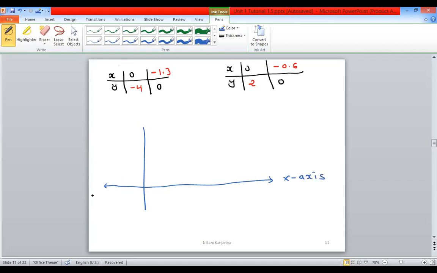This is the negative x-axis. This is the y-axis. And this is the negative y-axis. This is the origin, 0.